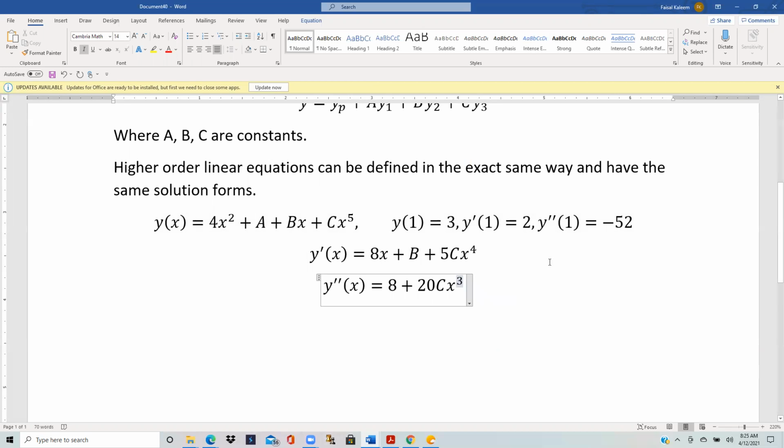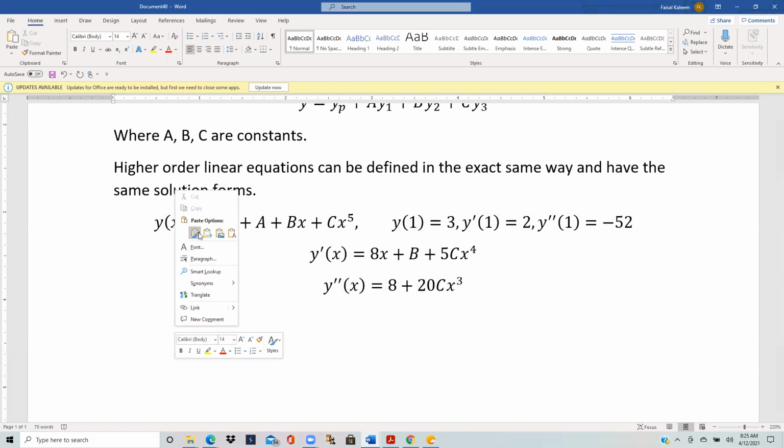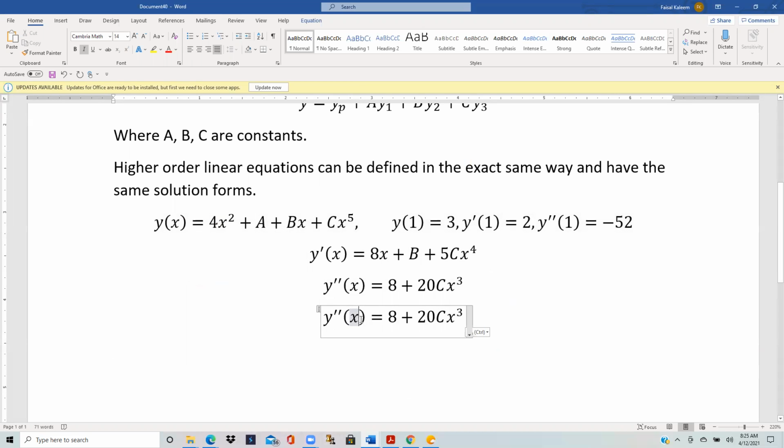Okay, so now this is the easiest condition. y double prime of 1 is equal to negative 52. Let's do that. So y double prime at 1 would be 8 plus 20c, x cubed will be 1 cubed, and that's equal to negative 52.